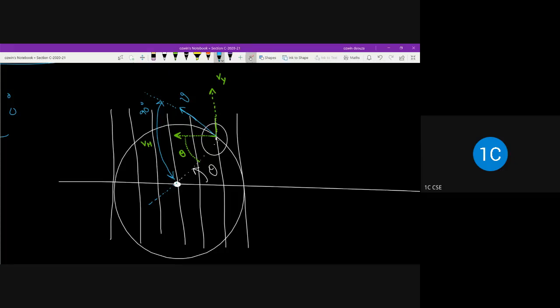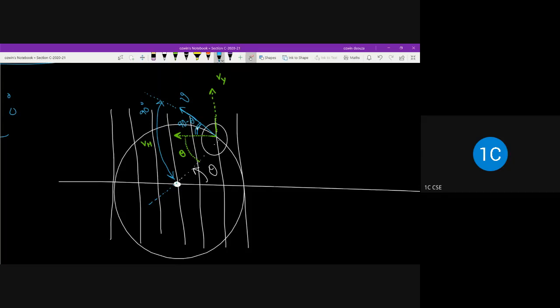You can follow this, right? Angle between V and this inclination is 90 degrees. Therefore, this acute angle is 90 minus theta.